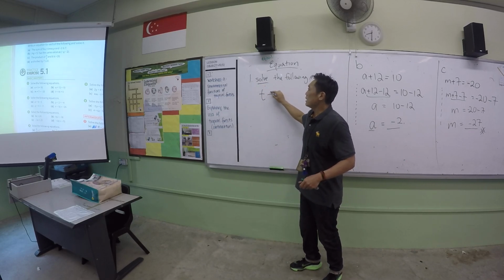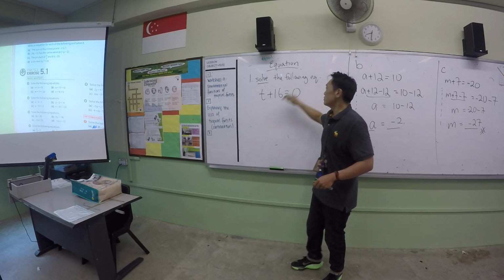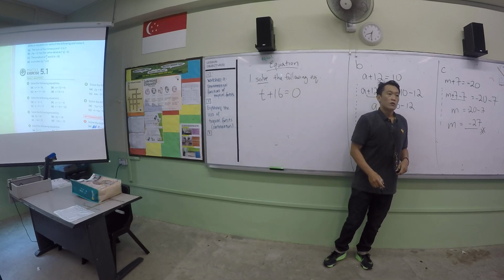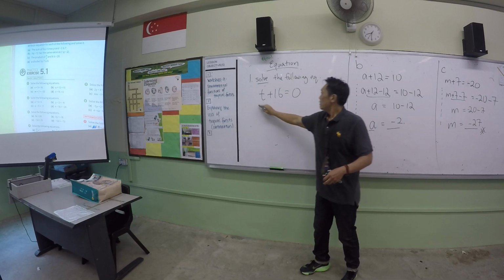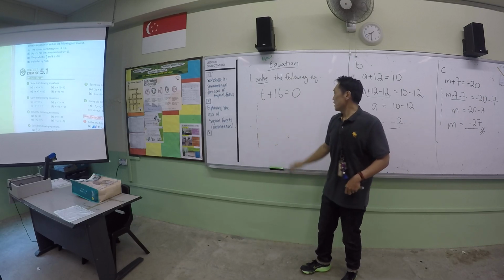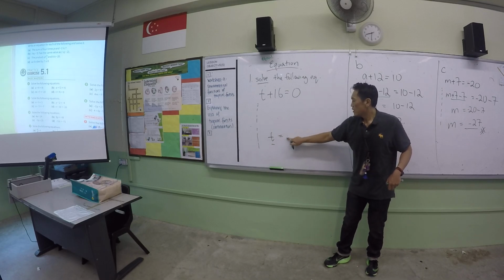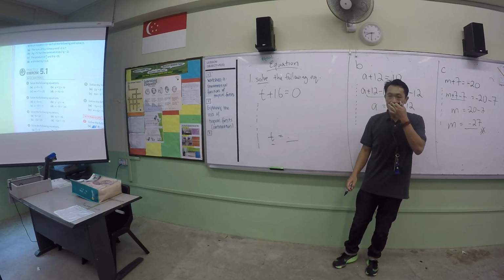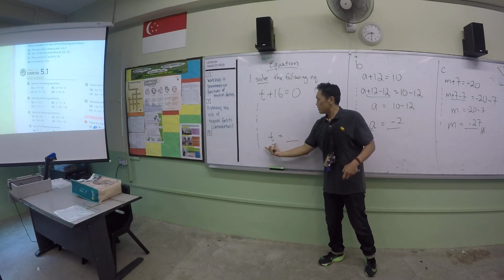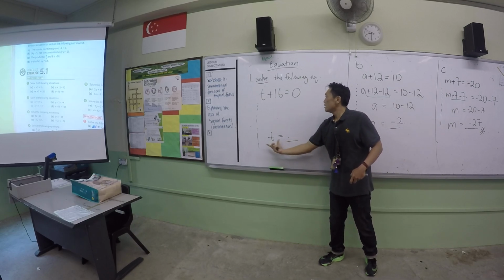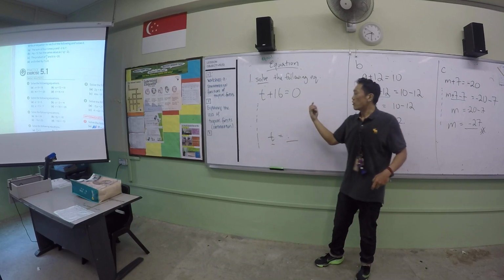Okay, T plus 16 equals 0. So also same. I want to do something until the unknown is alone on one side. Then I put all the numbers on the other side. Then I will know already what must be T to make this correct.